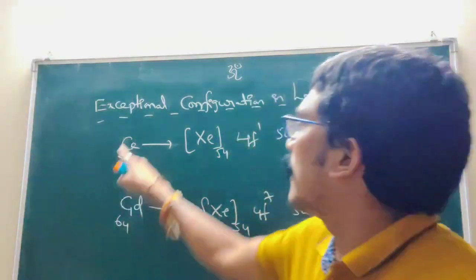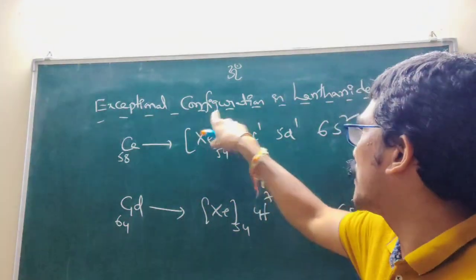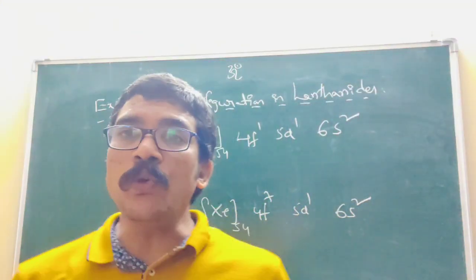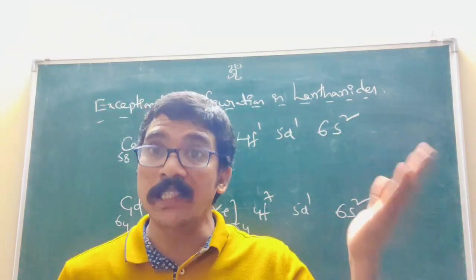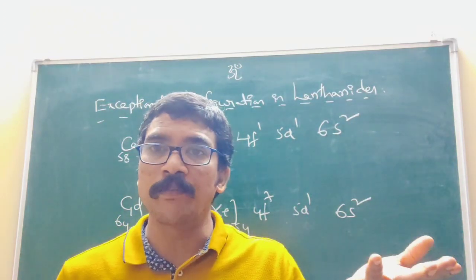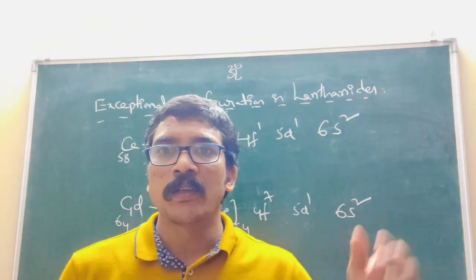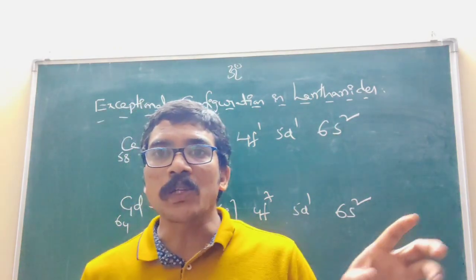The exceptional electronic configurations in lanthanides. We know lanthanides are 14 elements, in which the first element is cerium, praseodymium, neodymium, promethium, samarium, europium, gadolinium, and so on.